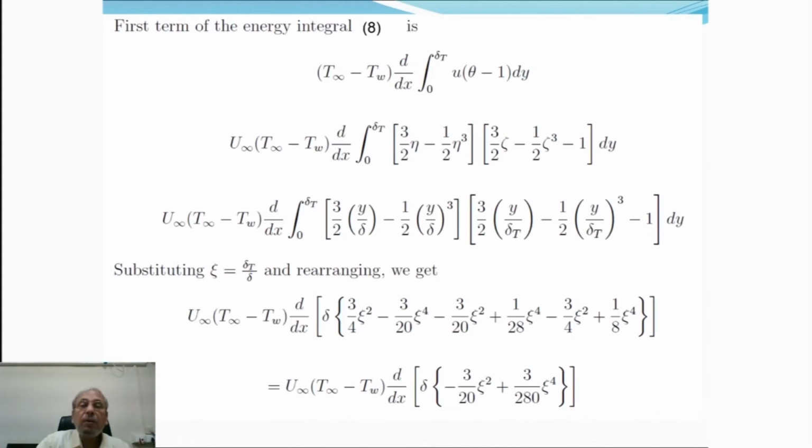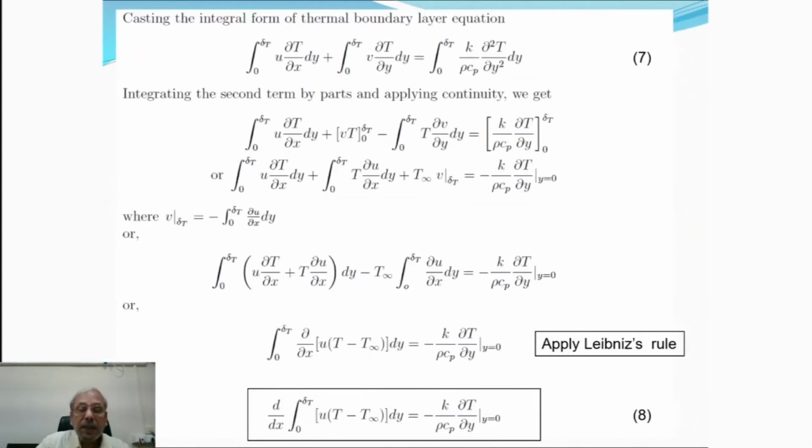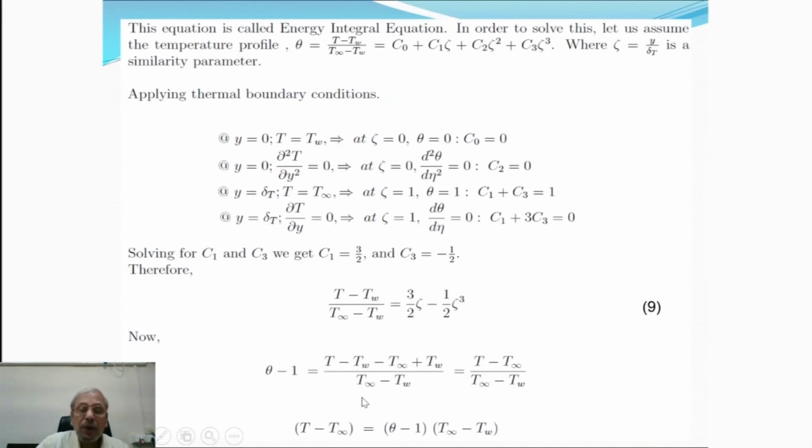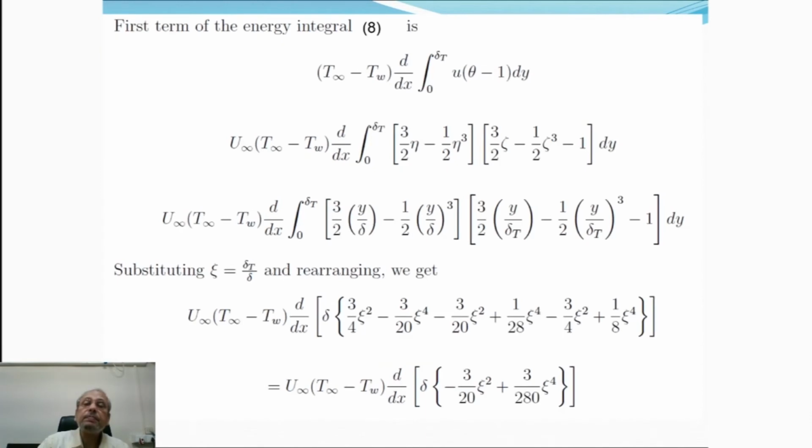So now we look at this energy integral equation, u into (T minus T infinity). That is the reason we found an expression for T minus T infinity. U we already know; we obtained u by u infinity as 3 by 2 eta minus half eta cube while solving the momentum integral equation.